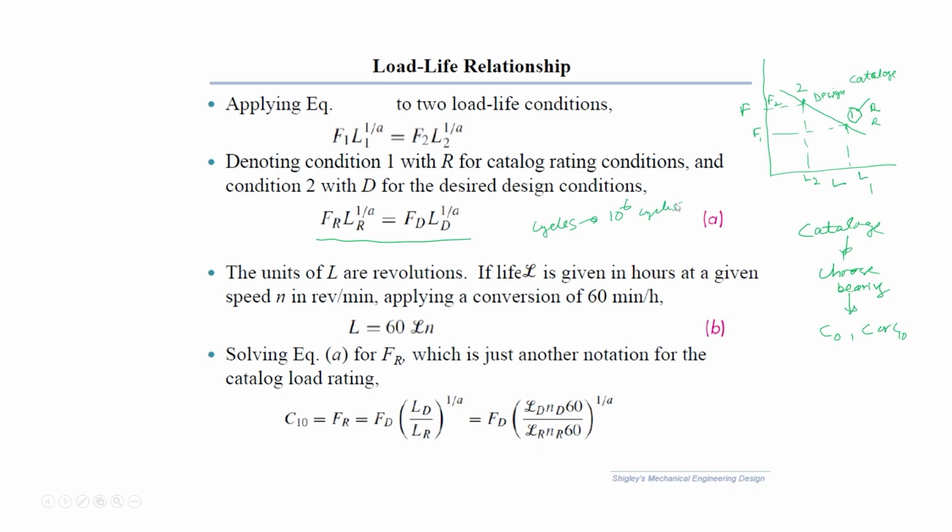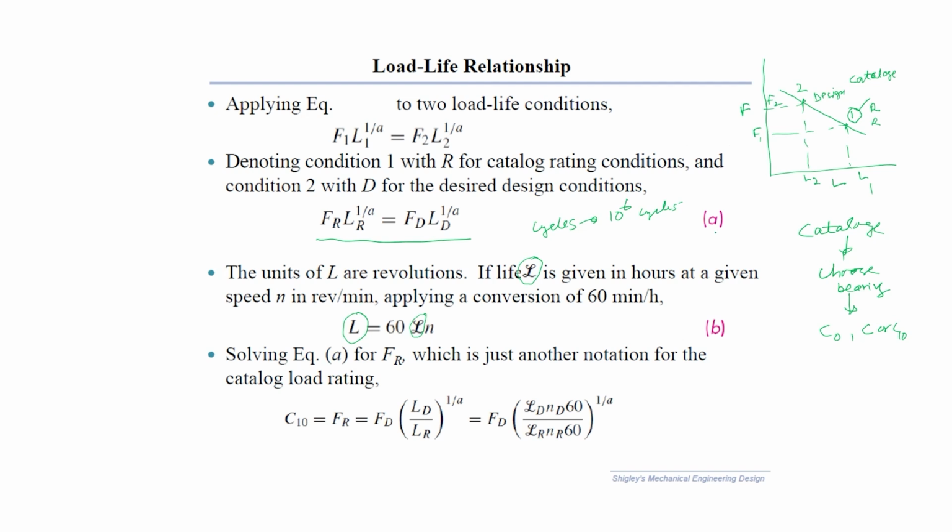Sometimes life is given in number of hours. So, if this is the life in number of hours, then the relationship between life in cycles and life in number of hours is given by L is equal to 60 L N, where N is revolutions per minute.